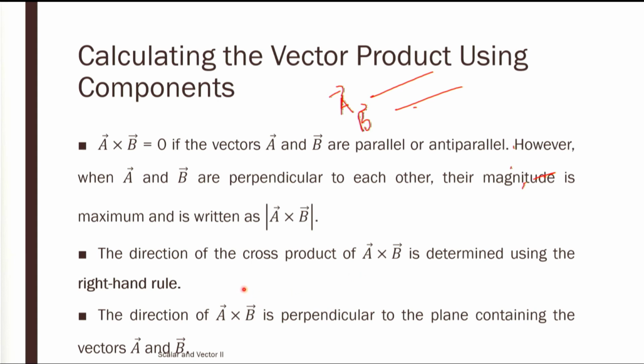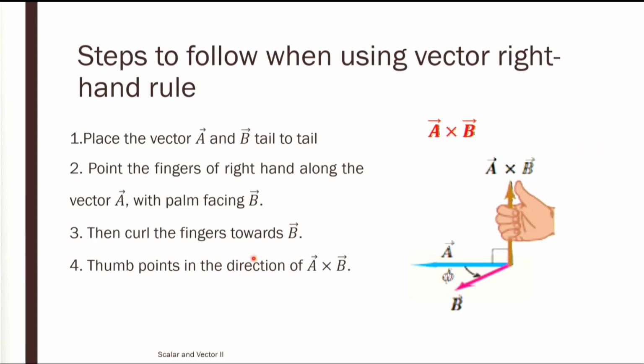How do we obtain the direction of the cross product A cross B? We obtain that using our right hand rule. So what does our right hand rule indicate? Suppose my vector A is pointing towards this direction and my vector B is towards this direction.